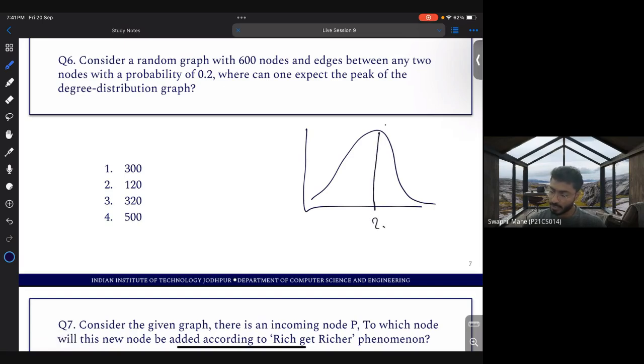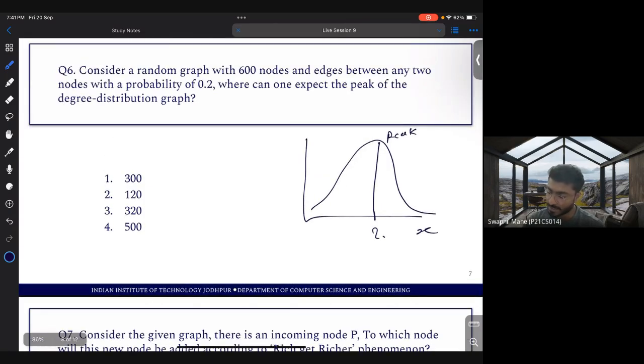At which value are we getting a peak? At which value of x are we getting a peak? Here x is degree. There is a list of degrees, and here the number of nodes or percentage of nodes.